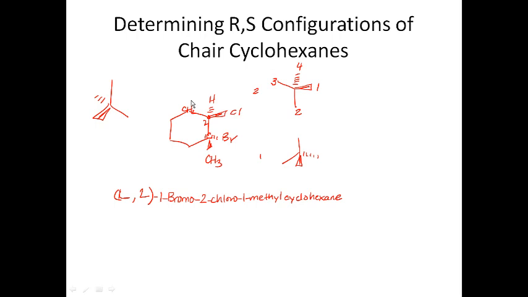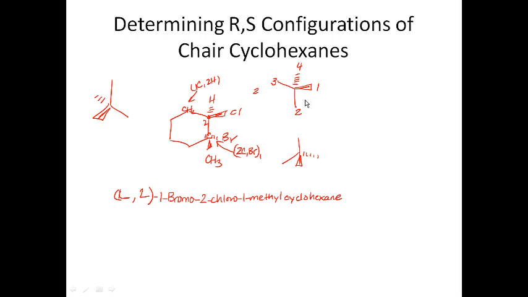This is a carbon with 2 hydrogens and 1 carbon attached to it. Down here is a carbon with 2 carbons and a bromine attached to it, and therefore the bromine wins priority over the carbon and hydrogen. So that gives me 1, 2, 3, and 4.